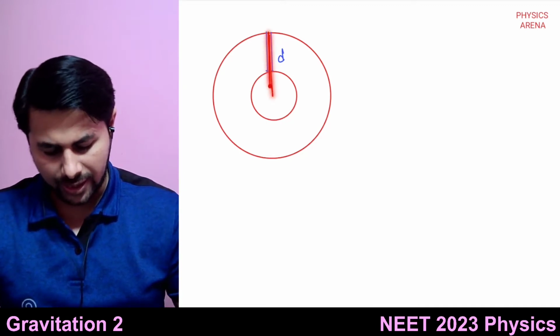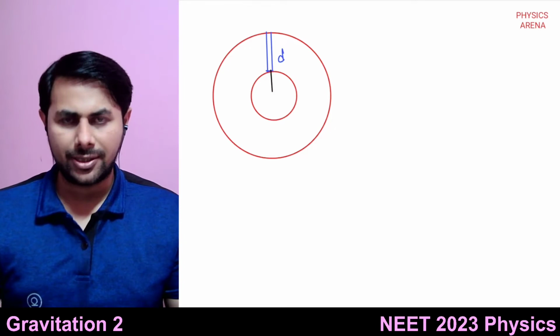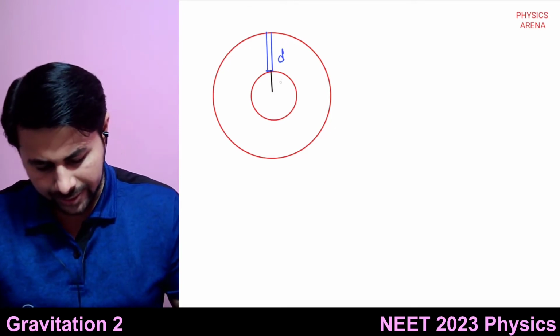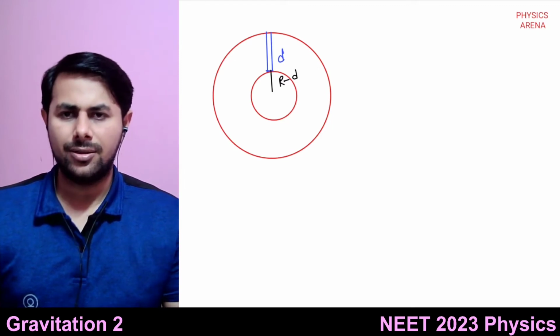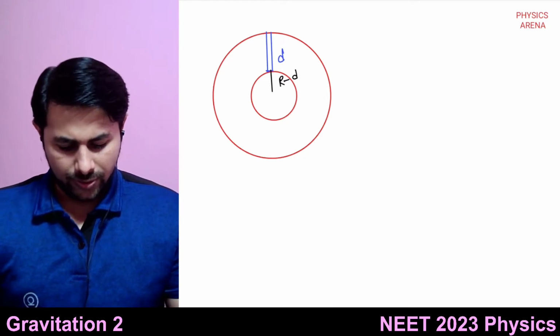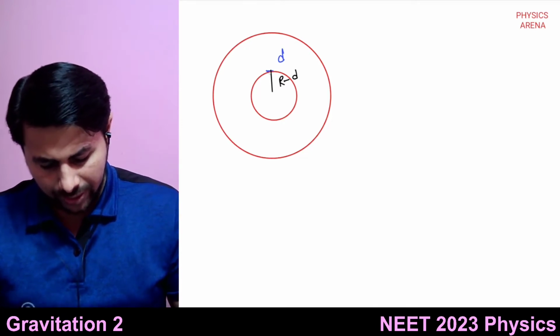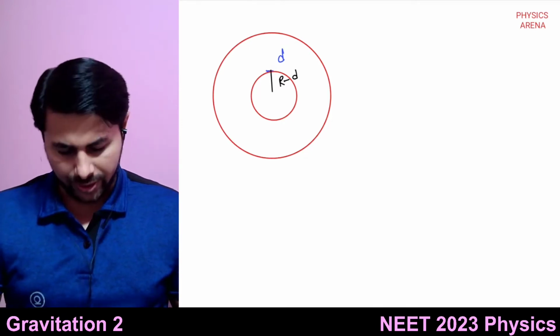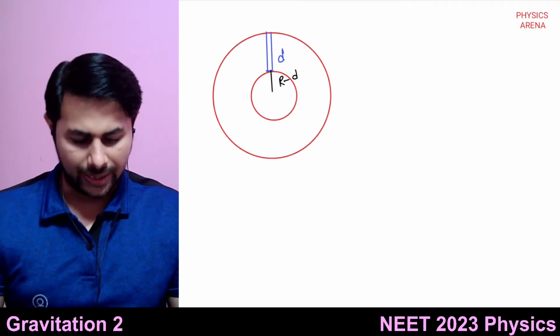If this distance is r, this much distance will be equal to what? R minus d. Right. This much distance is r minus d. So now, what will be the value of acceleration due to gravity over here, at depth d? That's what we have to find out.